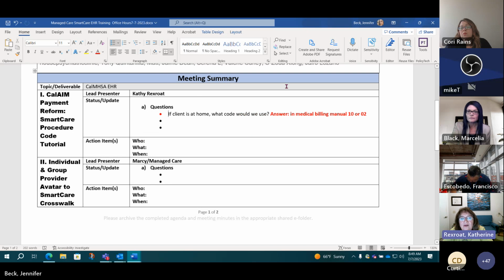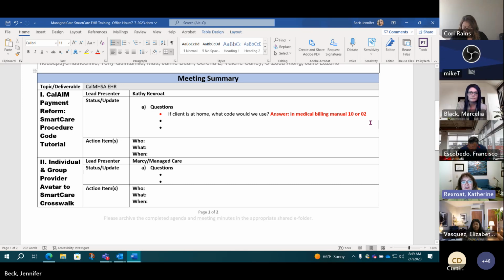I was looking at my place of service codes. Here we go. The place of service codes that I am looking at start on page 45 of the Specialty Mental Health Service Billing Manual. And you are correct.